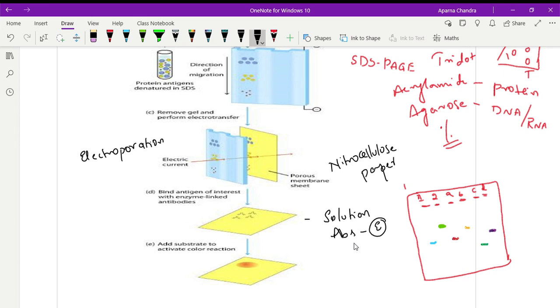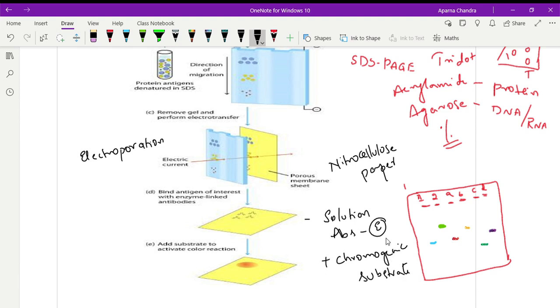Okay. Now, after a specific incubation with the antibodies, the nitrocellulose paper is washed, and because we have added an enzyme, you need to add a chromogenic substrate. So the next step is to incubate that same paper in a chromogenic substrate. Chromogenic substrate, like we have observed in the ELISA technique, imparts color.